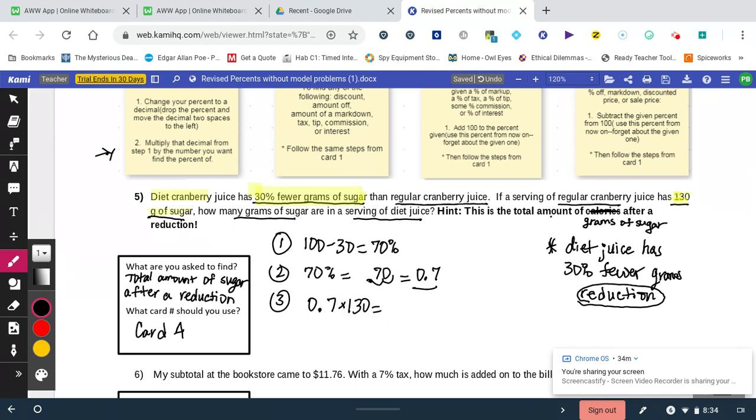Keep in mind, I'm using 70% because diet has 30% fewer than the normal. The normal is 100, so 30% fewer would be 70%. That's the diet. So now I'm going to do 7/10 times 130, which tells me that the diet cranberry juice has 91 grams of sugar.